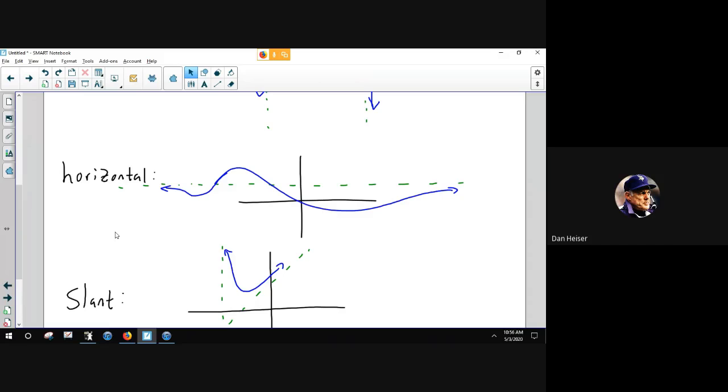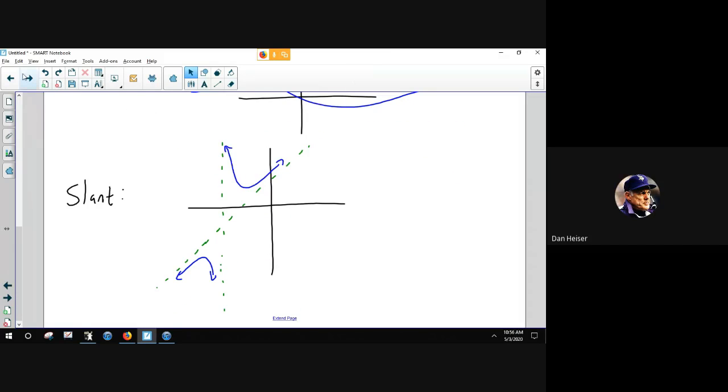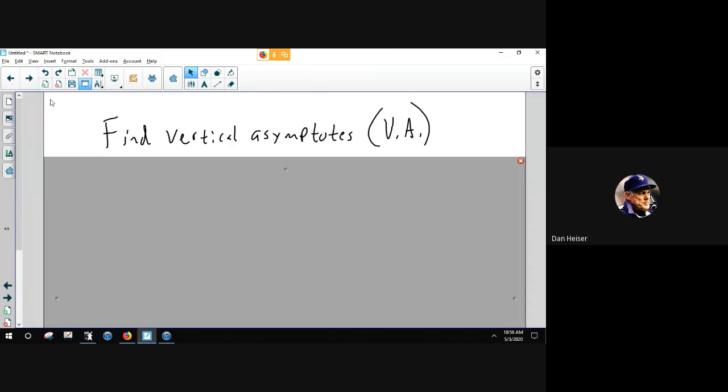And in our next video, we'll see why that happens. We're going to focus on the vertical one only for now. Next video, we'll deal with the other two. For this one, we'll just focus on the vertical.